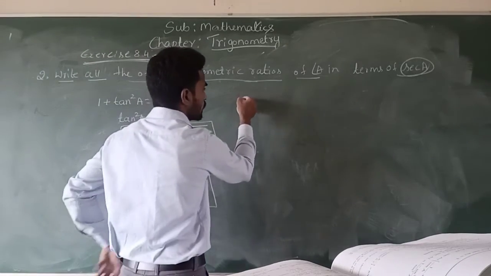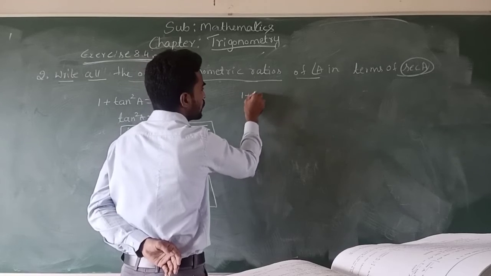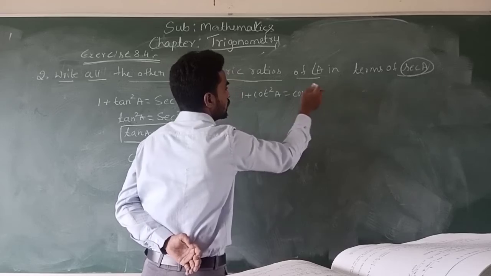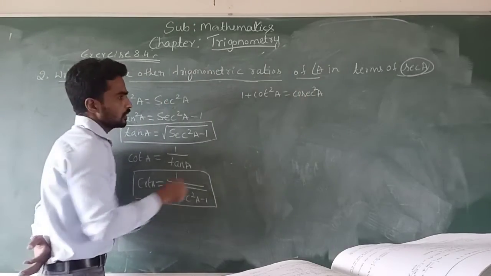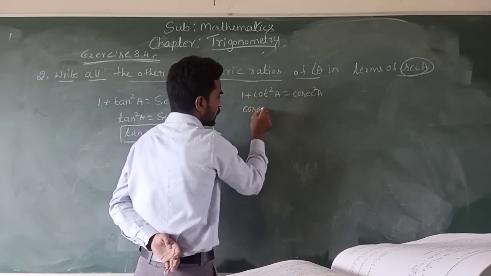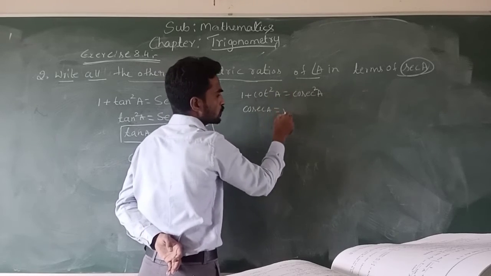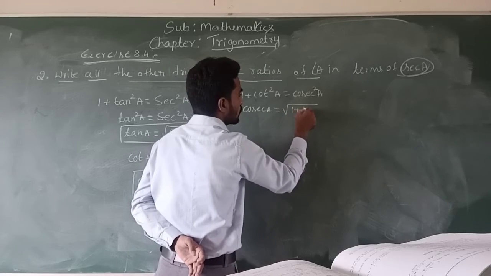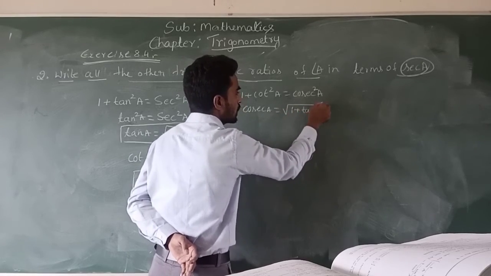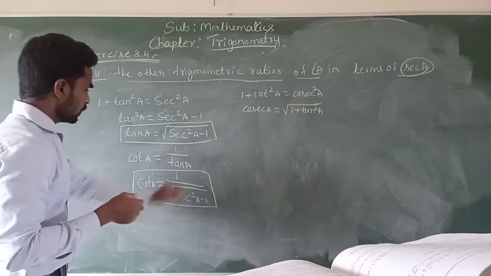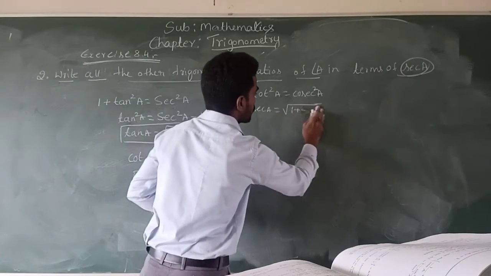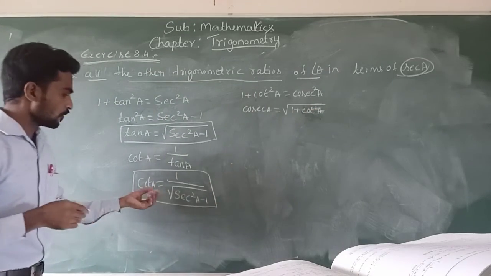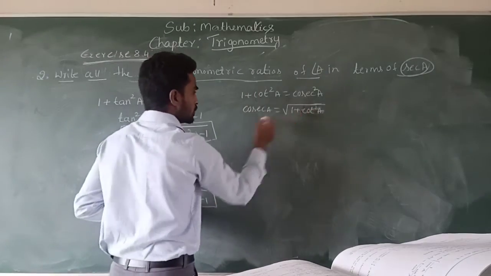Now we have another identity, 1 plus cot square A is equal to cosecant square A. Then we want cosecant A, that's why we take the square root on both sides. Cosecant A is equal to square root of 1 plus cot square A. Now substitute the value of cot A in this equation.